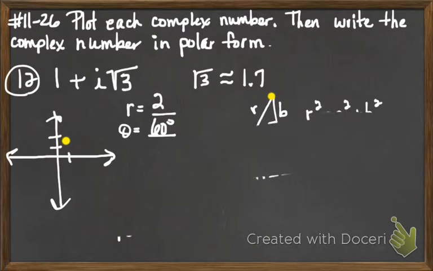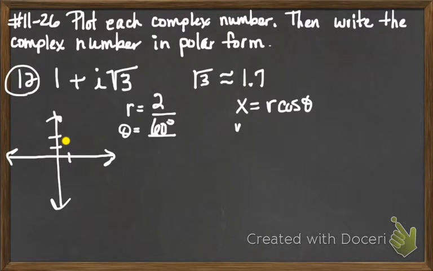All right, let me connect something to your prior knowledge, if you have any prior knowledge. So prior knowledge says that x is equal to what? With the r in it. R cosine of theta. And our prior knowledge says that y is equal to r sine theta.